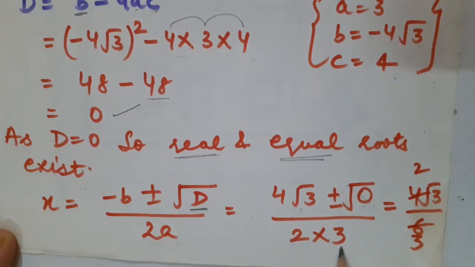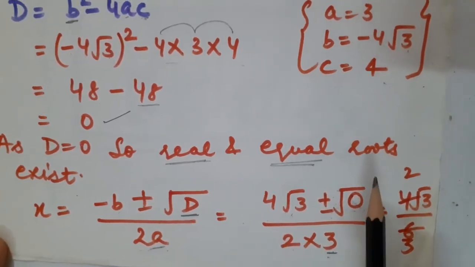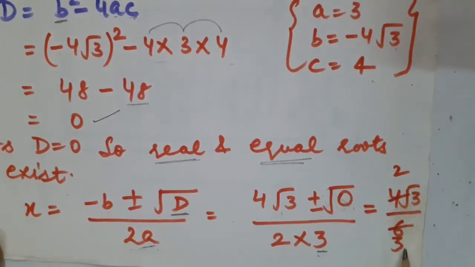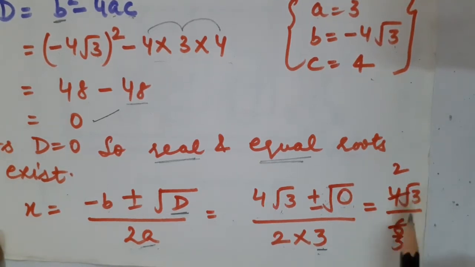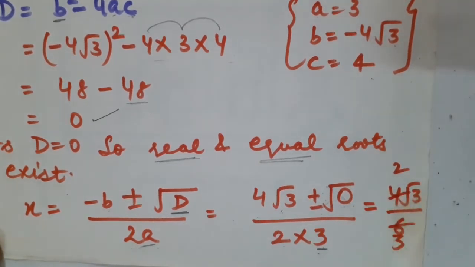So 2 into 3. What is the value of a? That is 3. So you will get 4 root 3 upon 6. Cancel them by the table of 2: 2 2s are 4, 2 3s are 6. Here also further you can cancel them. When you cancel root 3 by 3, you will get 2 upon root 3 as the root of the quadratic equation.